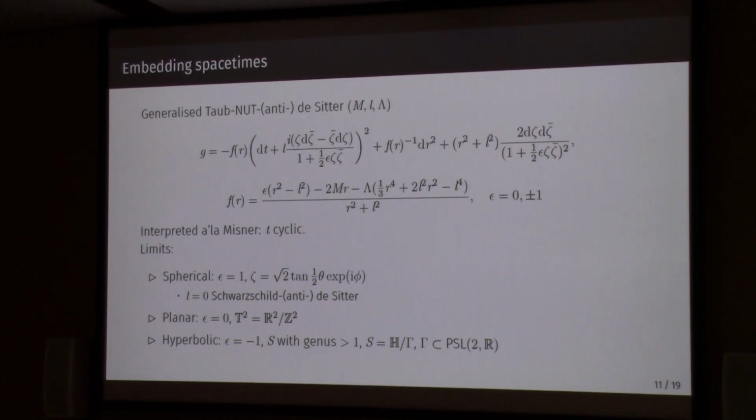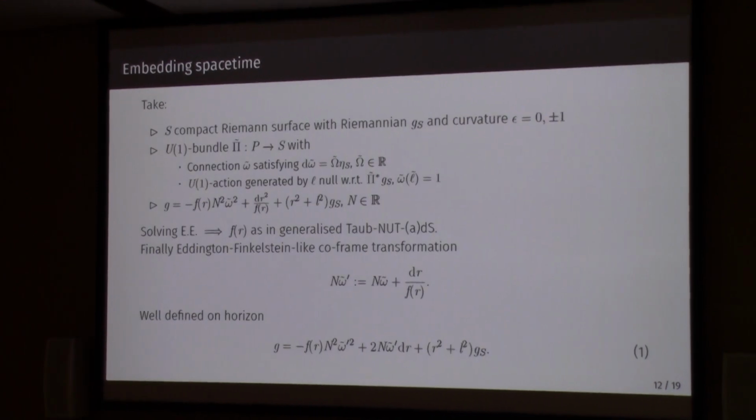The higher genus case is maybe a less obvious fact: all of them can be constructed as quotients of the hyperboloid, so epsilon minus 1, by some subgroup of the symmetries of this hyperboloid. We actually show this explicitly by constructing such an embedding spacetime.